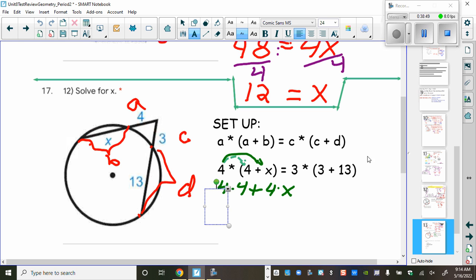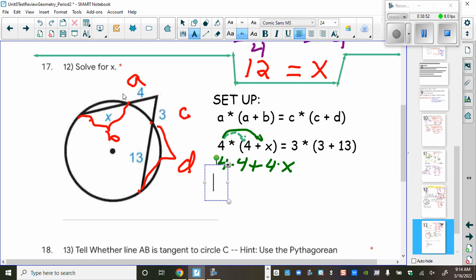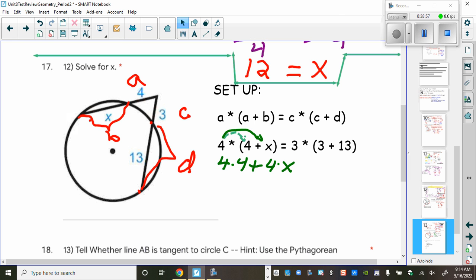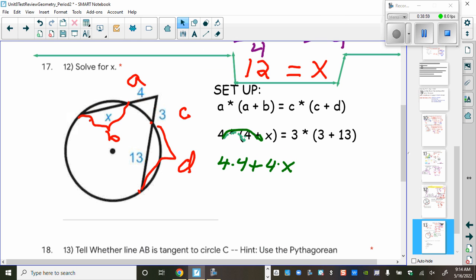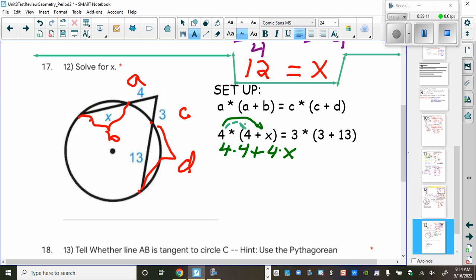Who can tell us what's 4 times 4? 16. Thank you. Four times 4 is 16. And then what about the 4x? Do we do anything to the 4x or just leave it alone? Okay, right now we're going to leave that alone.